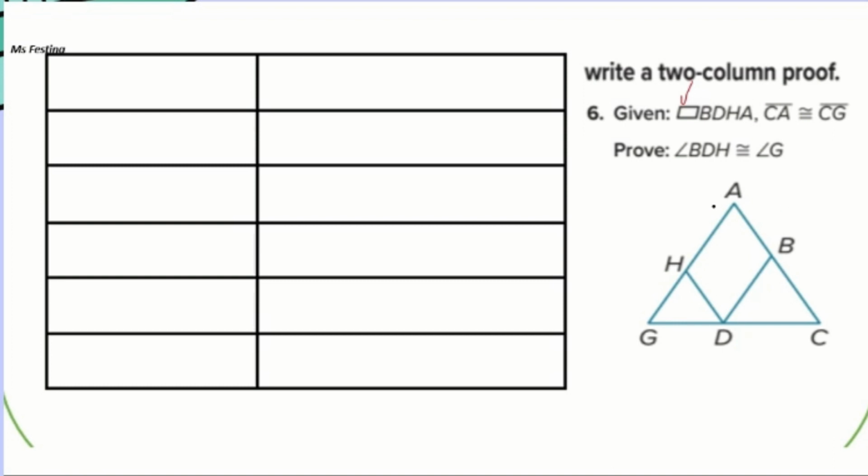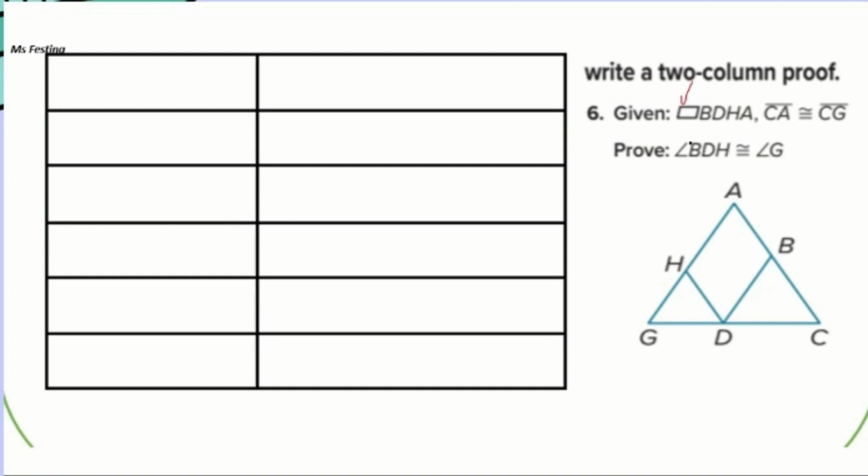So it means that we can apply the properties of a rectangle to solve this problem. If this is equal to that line there, that tells us that we're working with an isosceles triangle, and angle A will be equal to angle C.